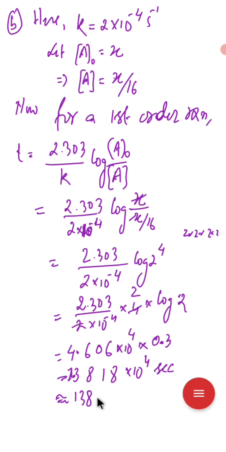Okay, 13818 second. I think this is correct, right? So 13818 second is the answer.